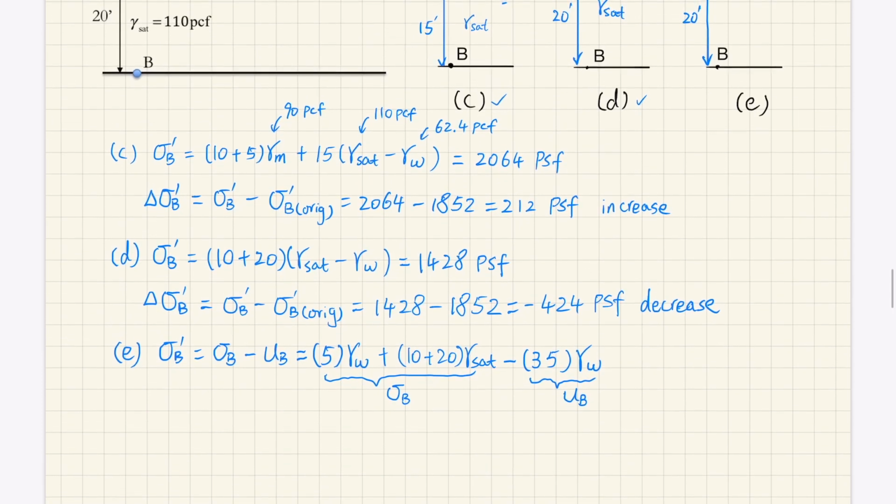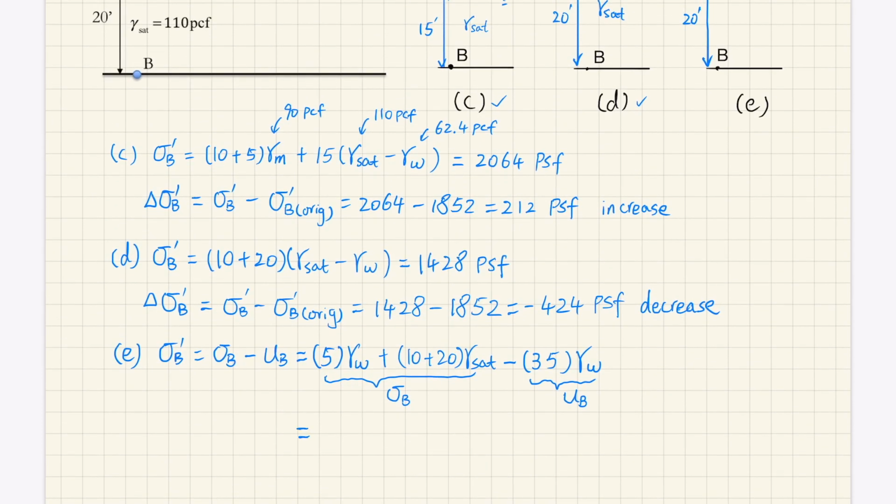And if you plug in numbers, you will get 5 times 62.4 plus 10 plus 20, times 110, minus... So if you look at the last term here, you can put it as 5 times 62.4, which is basically that 5 feet of water above ground surface, and then 30 feet of water beneath the ground surface.